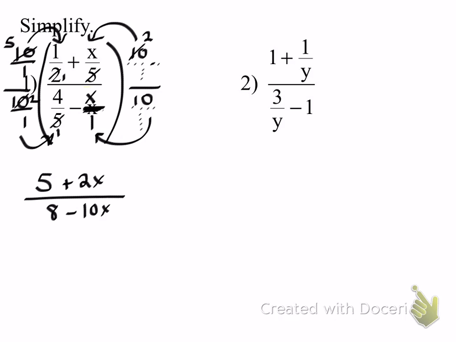Minus 10x. Next step. Tyler? You have to factor the denominator. So we get 5 plus 2x over 2 times the quantity of 4 minus 5x. Okay. Last step. Cross cancel. Is there any cross canceling to do? So we are done.